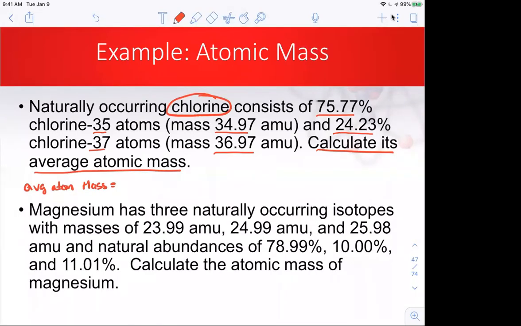So the average atomic mass is going to be the mass of isotope 35, which is 34.97 AMU, times the fraction of the percent abundance, which is 0.7577, plus the mass of the next isotope, which is 36.97 AMU times the decimal form of the percentage, which is 0.2423.